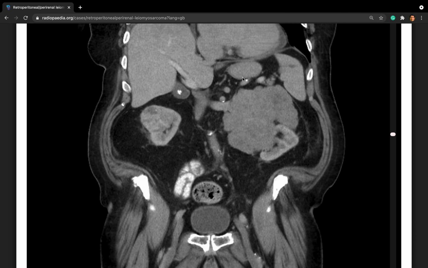But the safest thing is to do the left radical retroperitoneal resection of this lesion with the kidney, and allow the patient to recover, and that gives time for the right kidney to go for compensatory hypertrophy because of the absence of the left kidney. A marginal 4 to 6 weeks will be good for the patient to recover, and then we can go for partial nephrectomy of the right side.